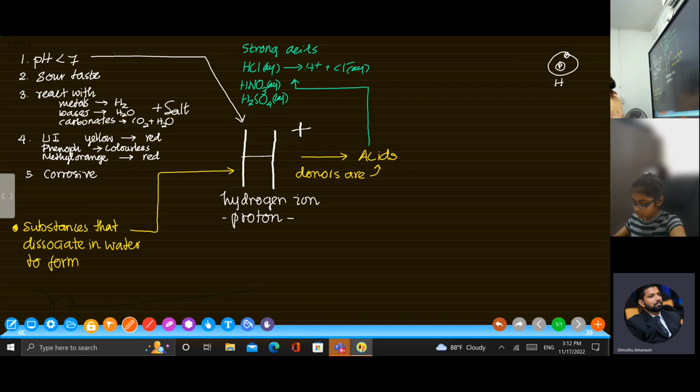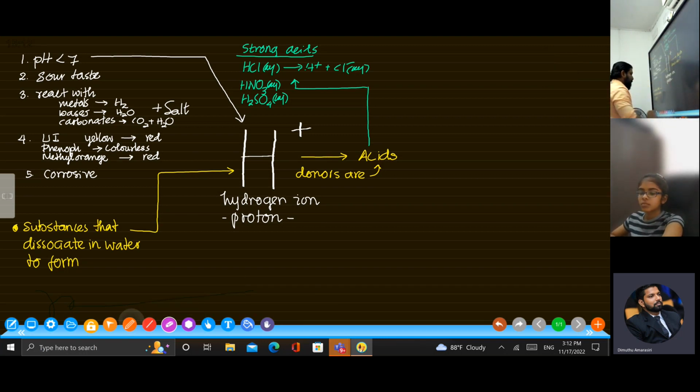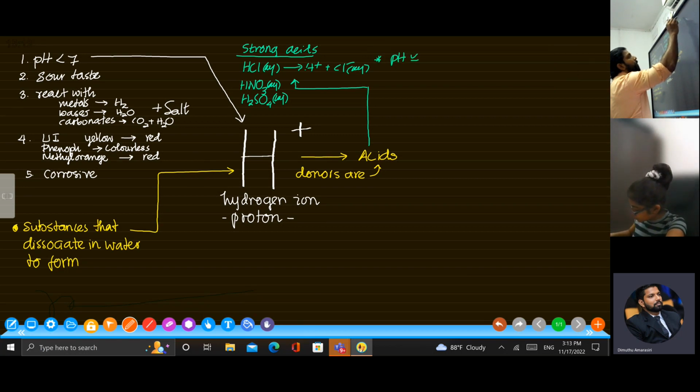If you consider strong acids, they do have all these properties, but they are going to differ from weak acids in a few things. What are those few things? If you consider the main points, pH is around 1 to 2. Universal indicator color? Red, not orange.